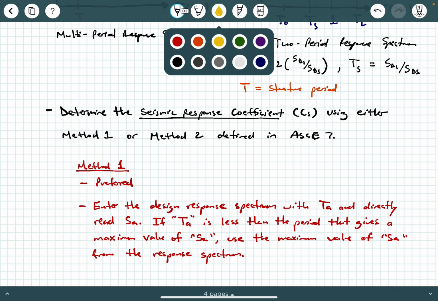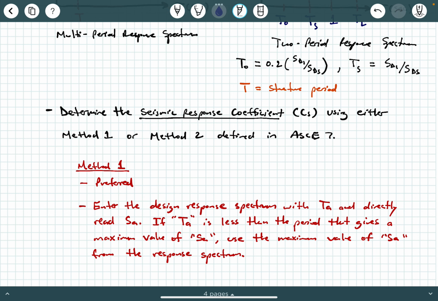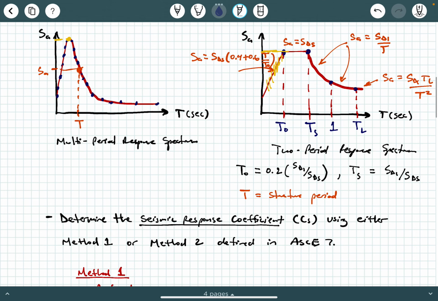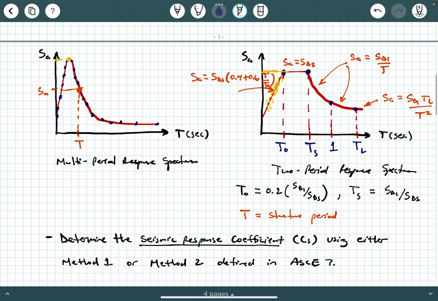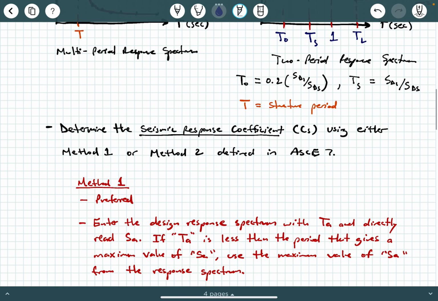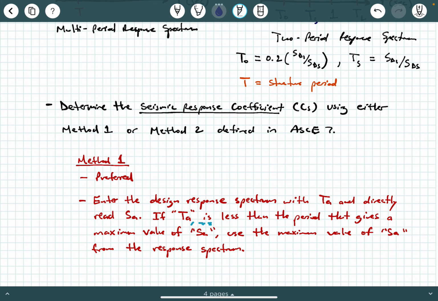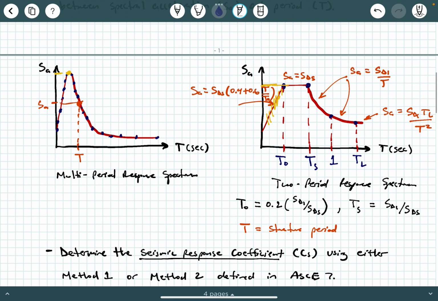So how do we do it? Method 1 says we enter the response spectrum with TA and directly read SA. I just talked about that with the multi-period response spectrum. If TA is less than the period that gives a maximum value of SA, use the maximum value of SA from the response spectrum. We just talked about that; those were my yellow markings here.